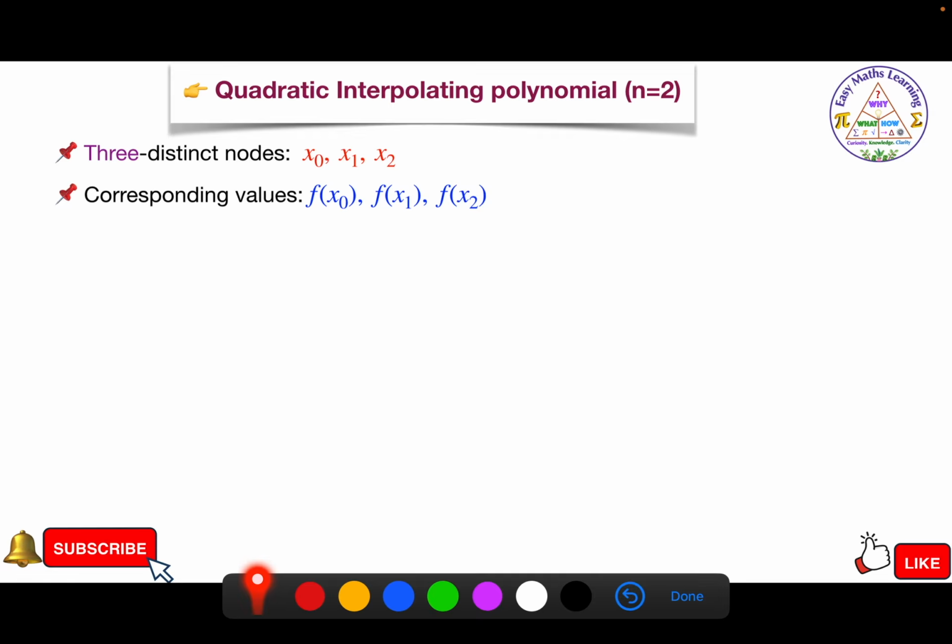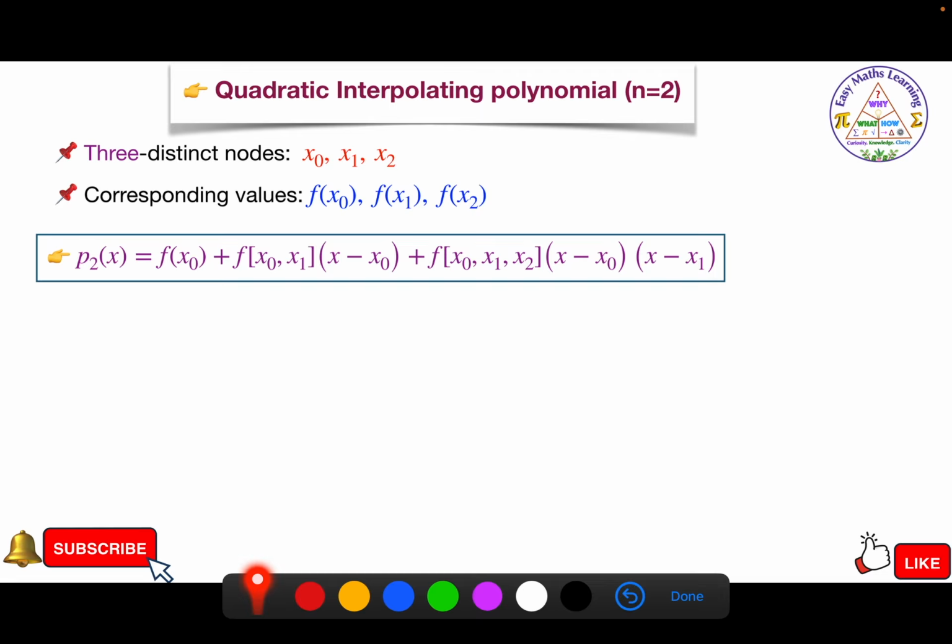For three nodes, the polynomial will be of degree 2, which is defined as p2(x) equal to f(x0), plus the first order divided difference for x0 and x1 times (x minus x0), plus the second order divided difference multiplied with the factors (x minus x0)(x minus x1).